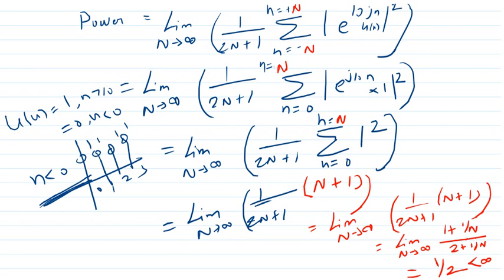So the power is 1 by 2, which is less than infinity. This is the power of e raised to the power j10n times u[n].